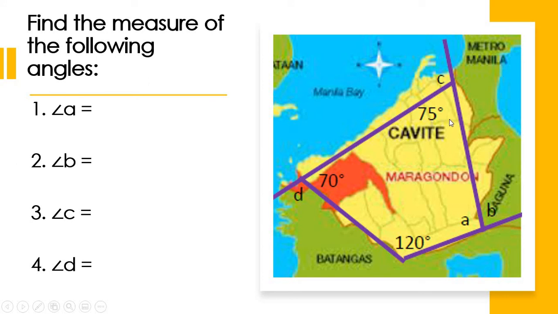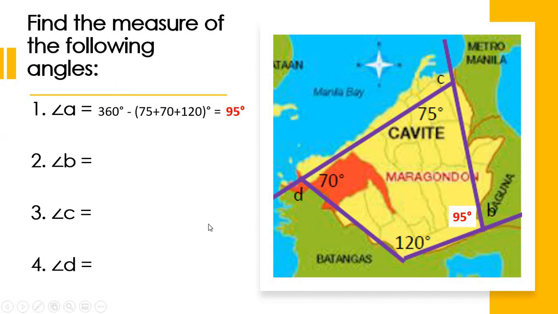So we just have to subtract the sum of these given measurements of interior angles from 360 degrees. Ayan. So 360 degrees minus the sum of 75, 70, and 120, which is equal to 95 degrees. So angle A is equal to 95 degrees.